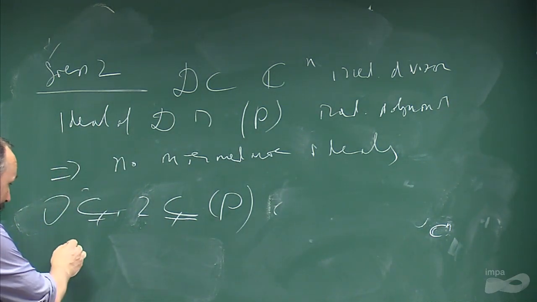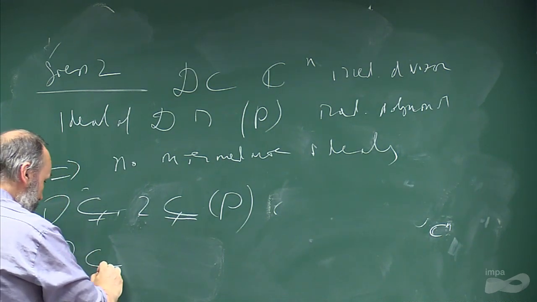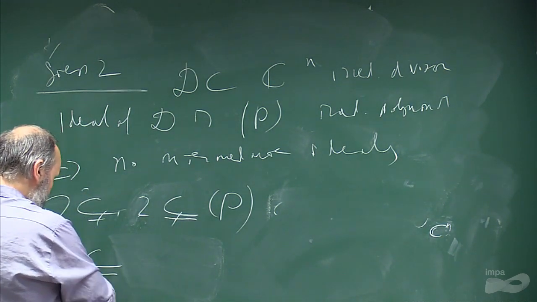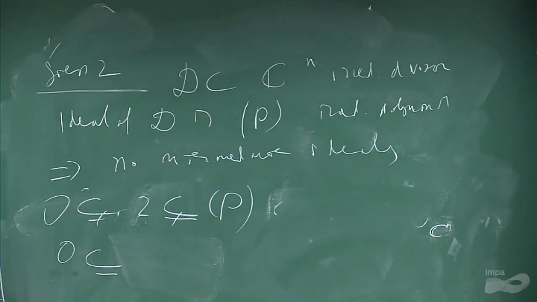On the other hand, any chain starts with 0, because 0 is irreducible; you can always add 0.